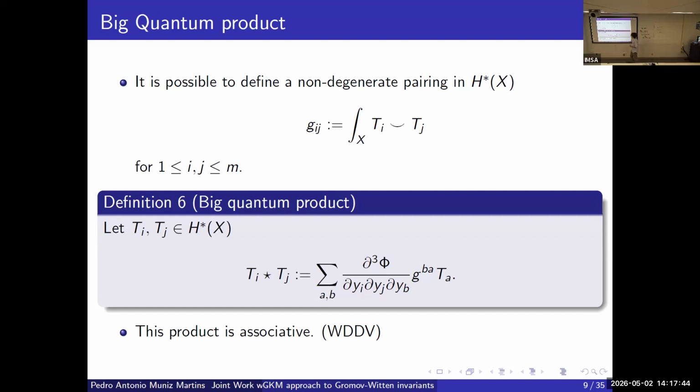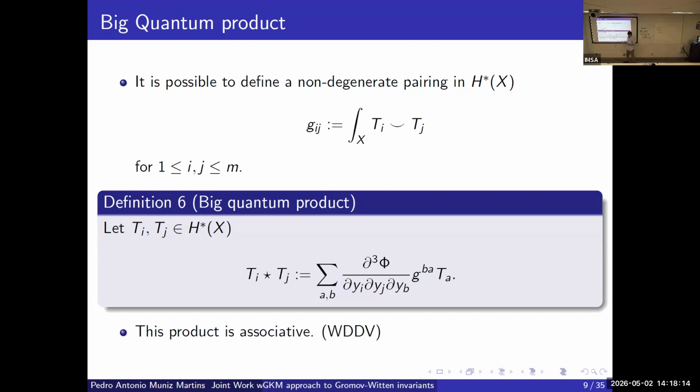But if we define this pairing on the cohomology of X, we can define the big quantum product as these derivatives, the third derivatives of the Gromov-Witten potential in these coordinates that I showed you, times this pairing. This product here I defined on the basis of the cohomology, but you can extend it to all the cohomology.